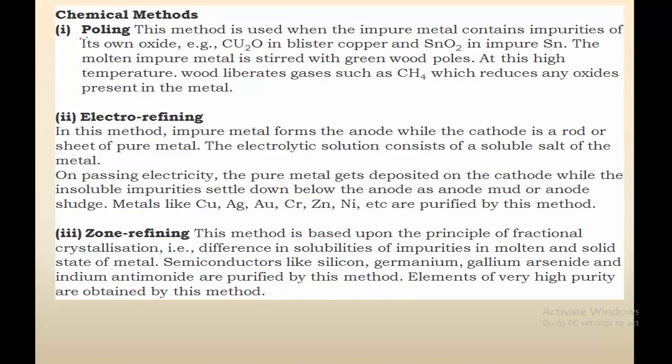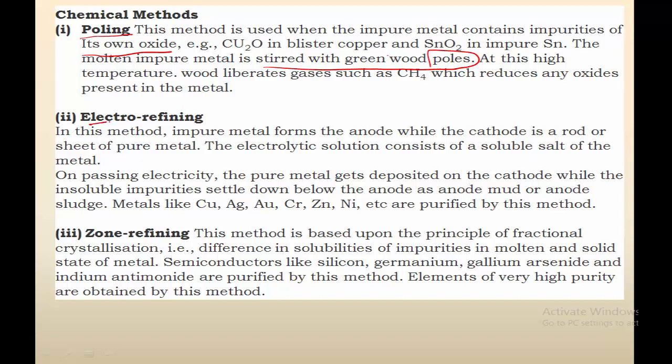The first one is poling. This method is used when the impure metal contains impurities of its own oxide. Examples are given here. Here the impure metal is stirred with green wood poles. Hence it is known as the poling method.